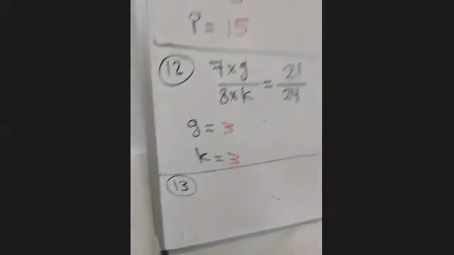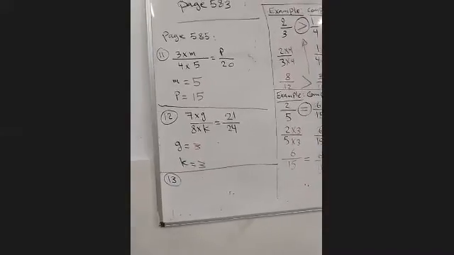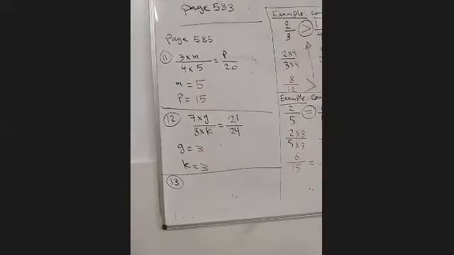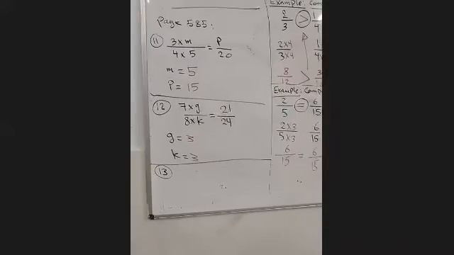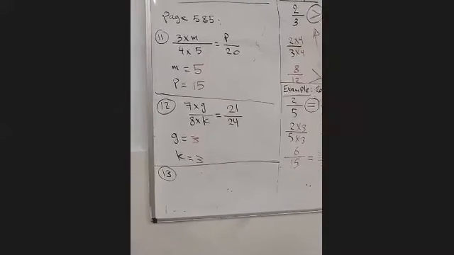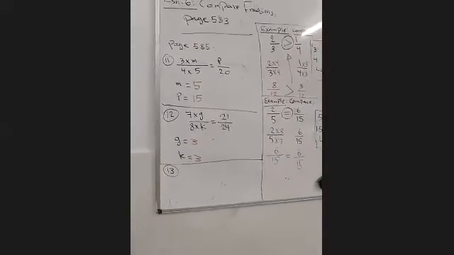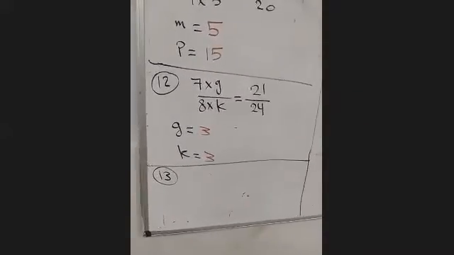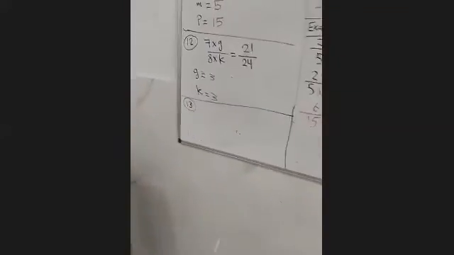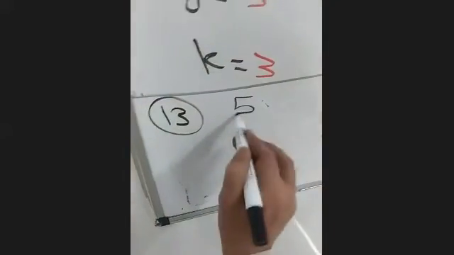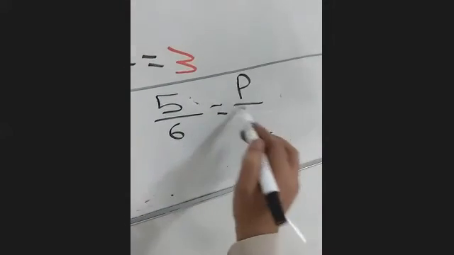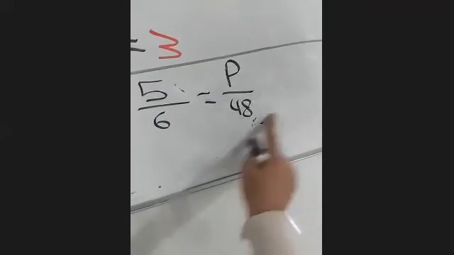Question 13. Ibrahim. Yes, Mister. Come on, Ibrahim. Okay. 5 over 6 equal P over 48, right?